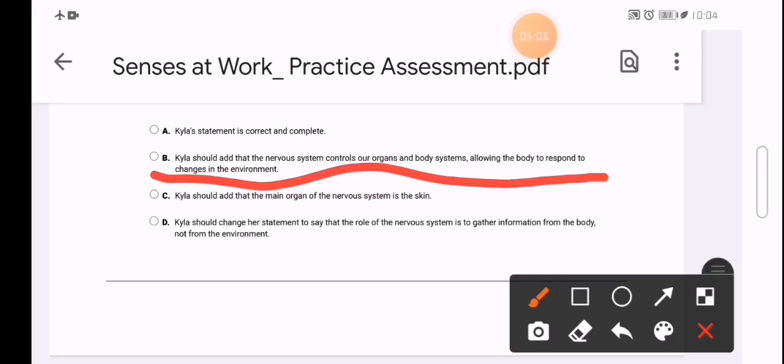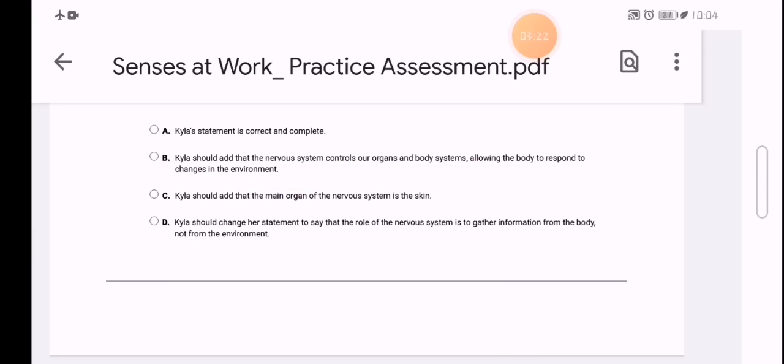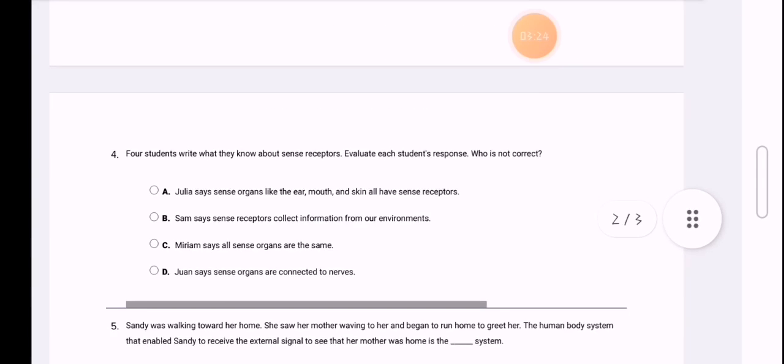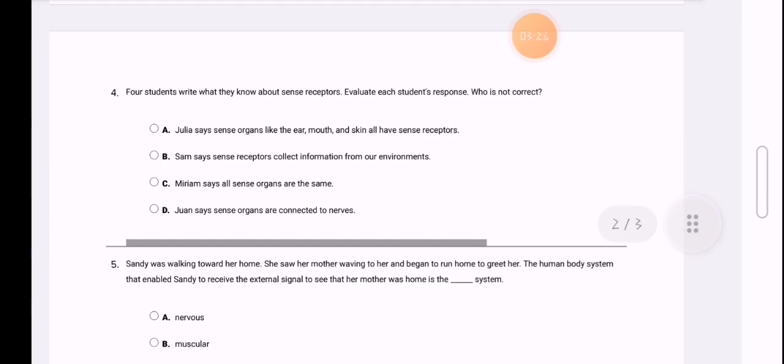And we can't say that she had to change her statement because it's correct. The body takes this information through our five senses from the environment.